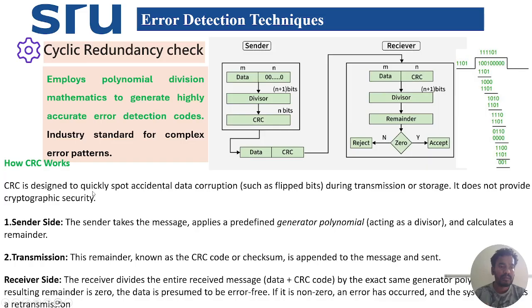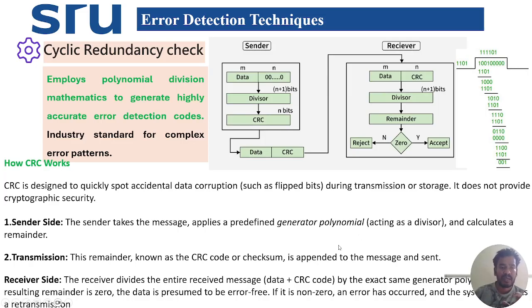So how should the cyclic redundancy check method work? I will explain first. The CRC is designed to quickly spot accidental data corruption, such as flipping bits during transmission or storage of data. It does not provide cryptographic security.